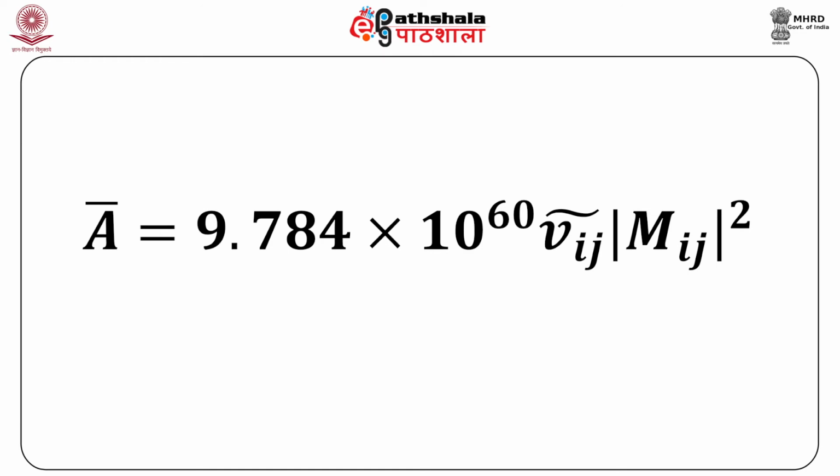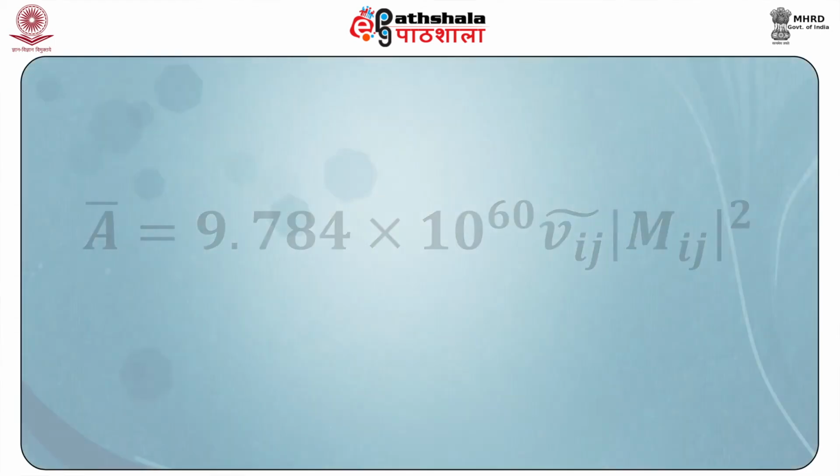It depends on that also because these are the only two quantities which are not fundamental constants. Here we take the wave number of the band maximum, expressed in centimeter inverse, and the other quantity is the transition dipole moment, which is expressed in Coulomb meter units because it is like a dipole moment.